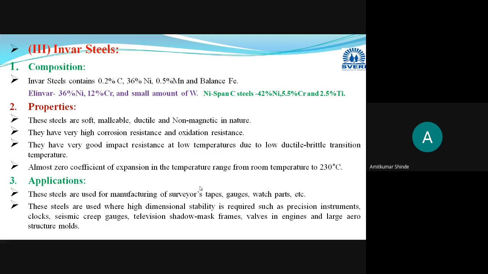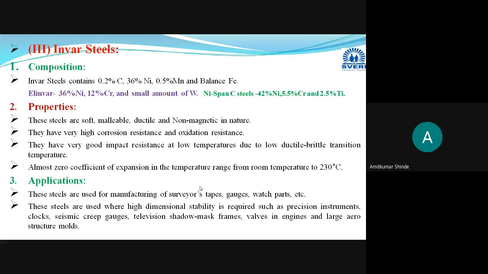Due to this property only, these steels are used for manufacturing different types of measuring instruments, like surveyor's tapes, different types of gauges, television shadow mask frames, and different measuring instruments. Along with that, different parts of your watch also.